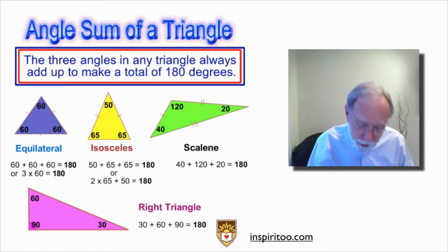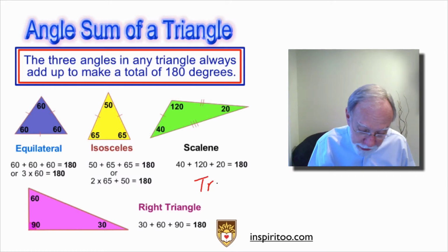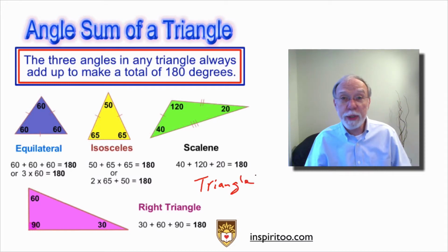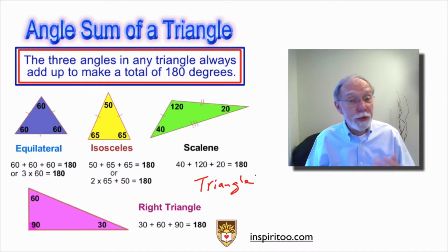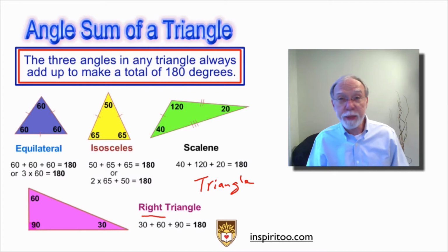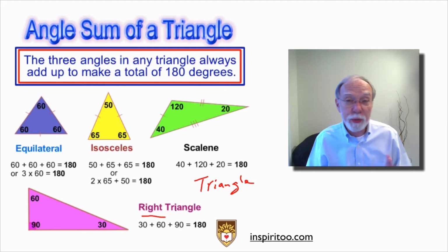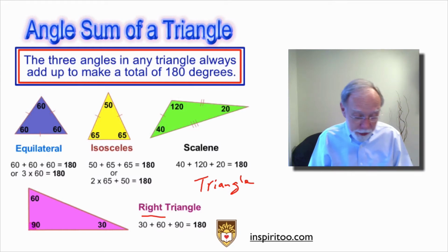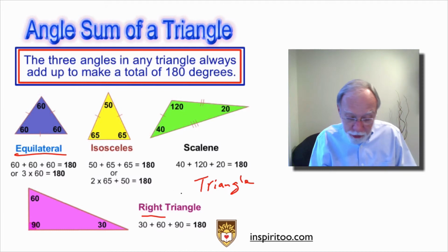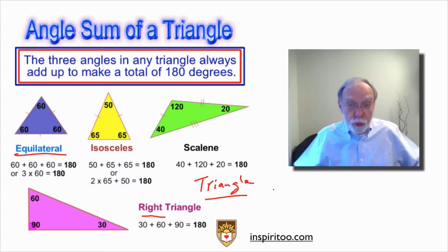So the word triangle is not a hard word for kids to pronounce or spell. One of the first things kids learn in school are the kinds of triangles. Now, right triangle isn't bad, although we could call it something like a square corner triangle and be perfectly transparent about it. But equilateral triangle triples the challenge of just the word triangle.